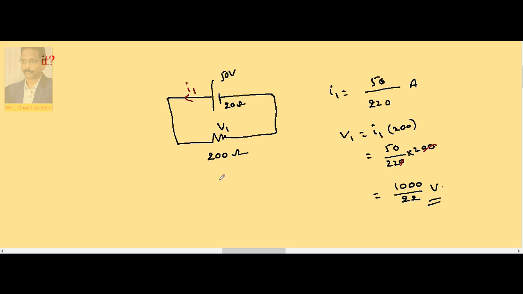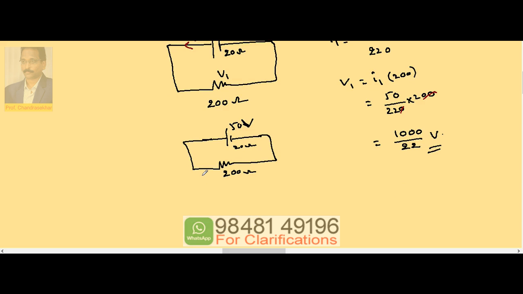Now second case, same thing, but a voltmeter is connected in parallel to 200 ohms. Connect a voltmeter. Resistance of the voltmeter is 1800 ohms. Now in this case, imagine current through the circuit is I2.